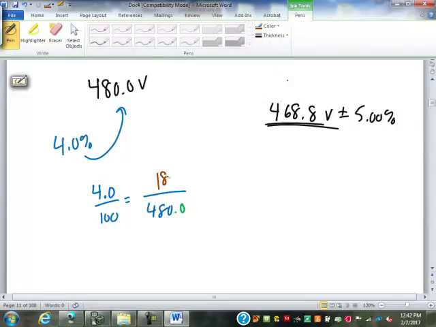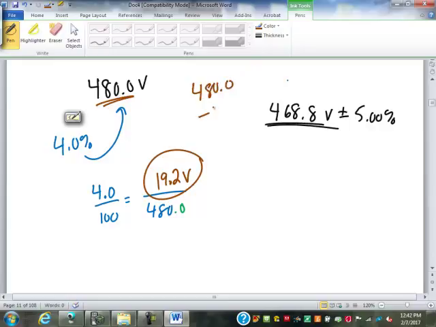18.2? 19.2? 19.2 volts. So what that means, if I subtract that from that specified voltage, that would put me at 460.8 volts, which is lower than what we're getting for our operating voltage.